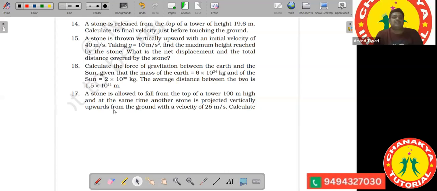It's given in the question, taking g equals to 10 meter per second square. So you have to take the acceleration as 10 only.